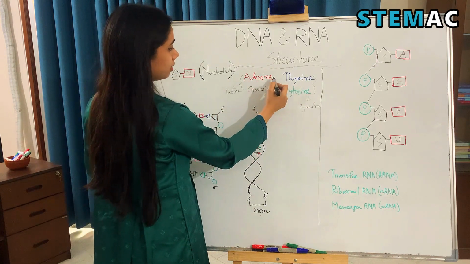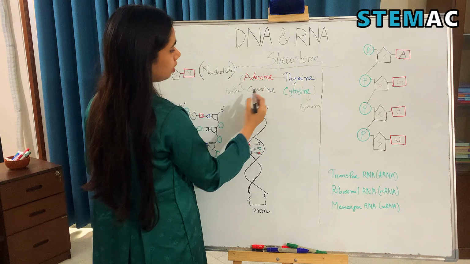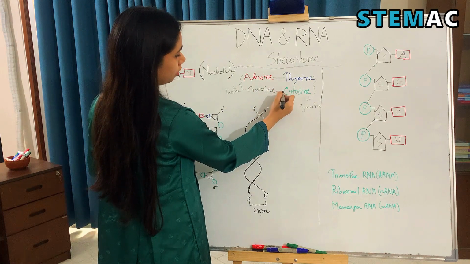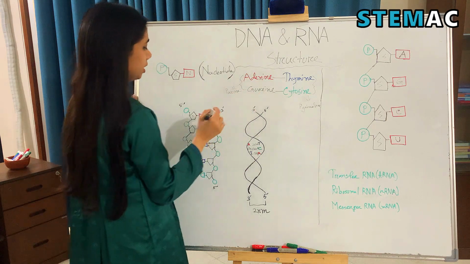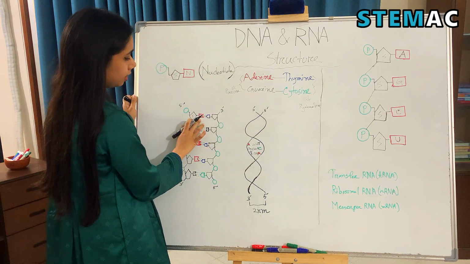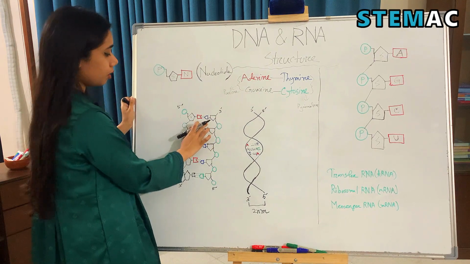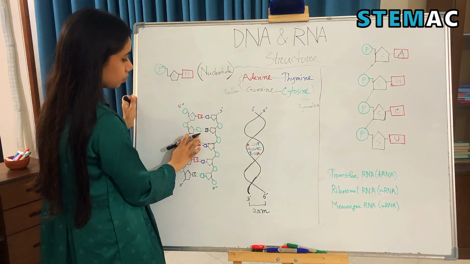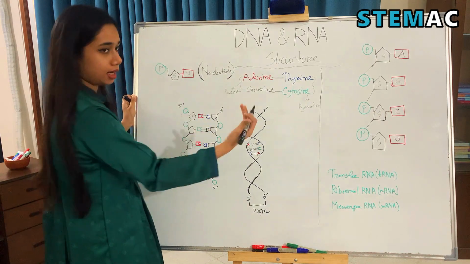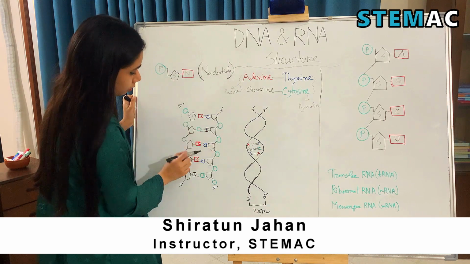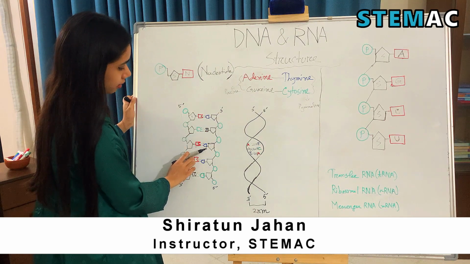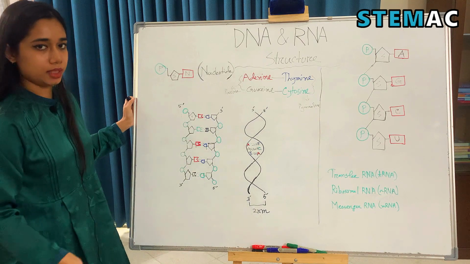Adenine and thymine are complementary together, while guanine and cytosine are complementary to each other. When we have a cytosine we will need a guanine on the other polynucleotide strand. Again, when we have an adenine we get a thymine, and it goes on and on, right?